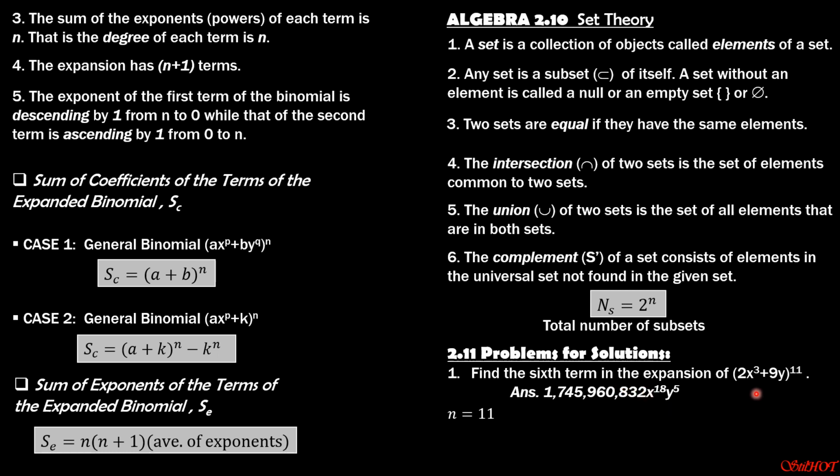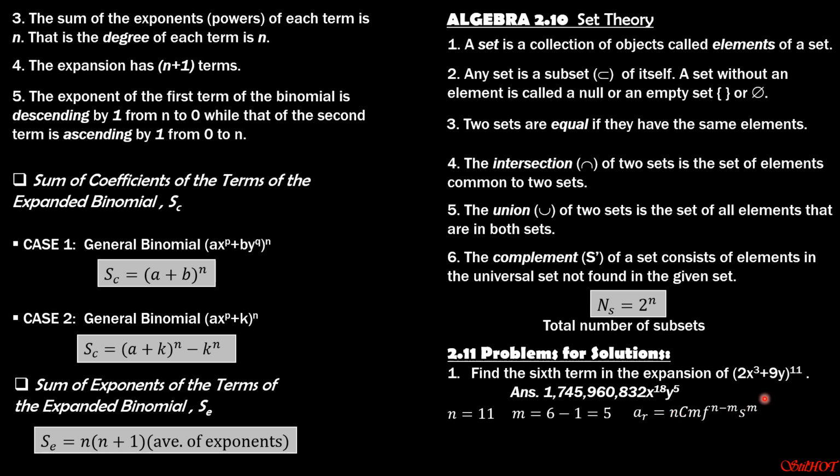So n is 11. m is r minus 1, so 6 minus 1, so it's 5. The first term is 2x cubed, the second term is 9y. Therefore, the sixth term is n combination m, first term raised to n minus m, second term raised to m.